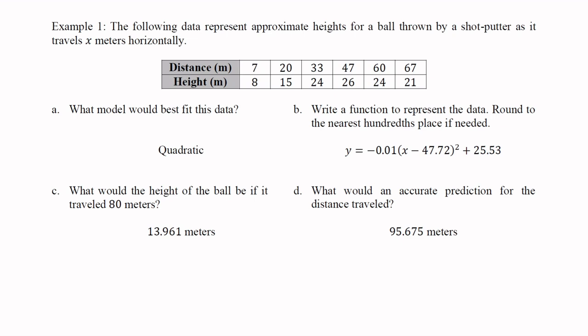You can alternatively use the graph on Desmos and find your value in the ordered pair at 80 meters for C and at the ground being 0 for D. So in this case, 80 meters would be your x value, so you're finding your y in C, and then your 0 would be your y value in D, so find the x value that goes with it.